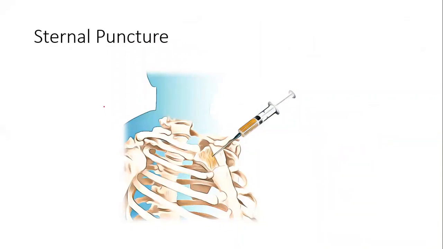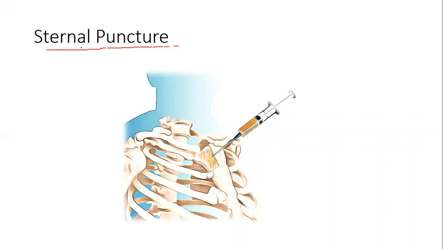So first of all, we have the sternal puncture. Sternal puncture is basically a procedure in which a needle is inserted into the sternum in order to take some sample of the red bone marrow, and then it is tested for the different pathological conditions that are related to the blood, right?